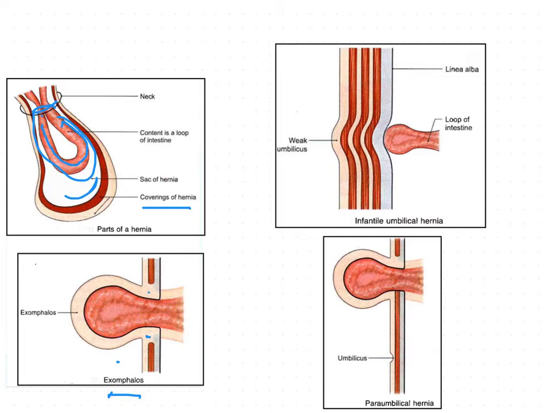So in that area, weakness of the abdominal wall causes the hernia. And then the lumbar hernia. This lumbar hernia normally represents the posterior abdominal wall. So it is referred to the posterior abdominal wall. We are going to discuss it here itself.